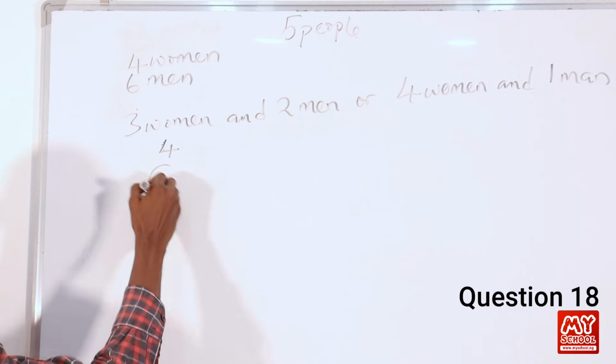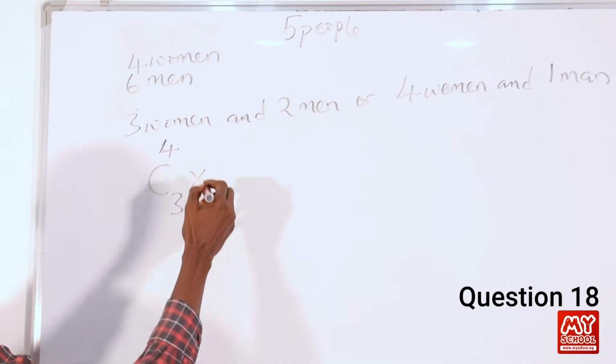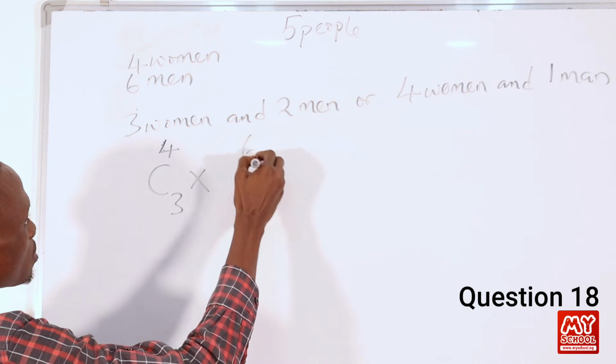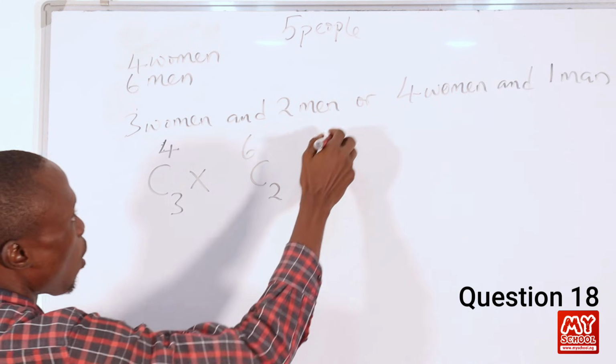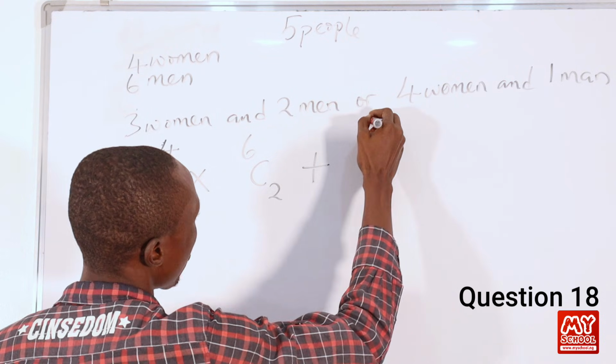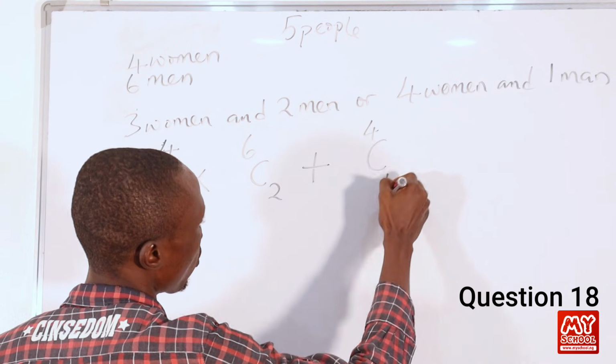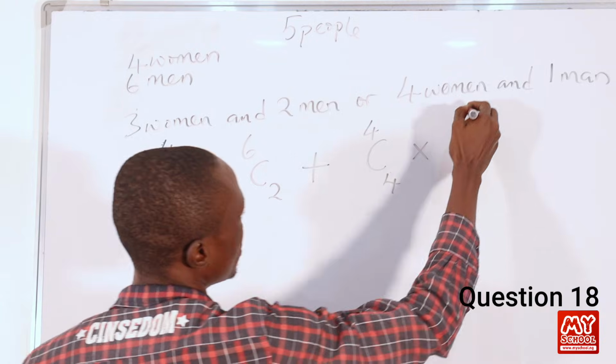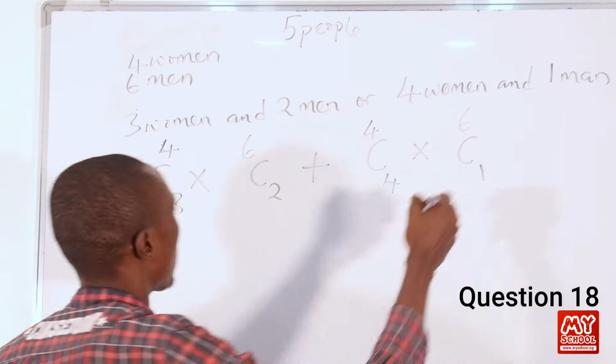In combination this becomes 4 combination 3 times 6 combination 2, where 'or' means plus, plus 4 combination 4 times 6 combination 1.